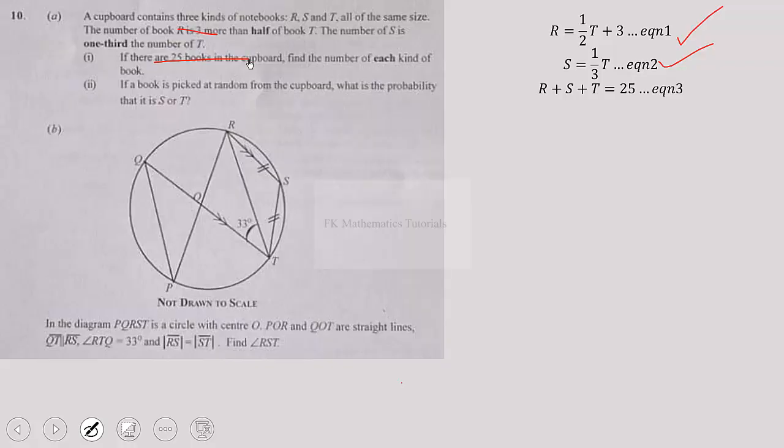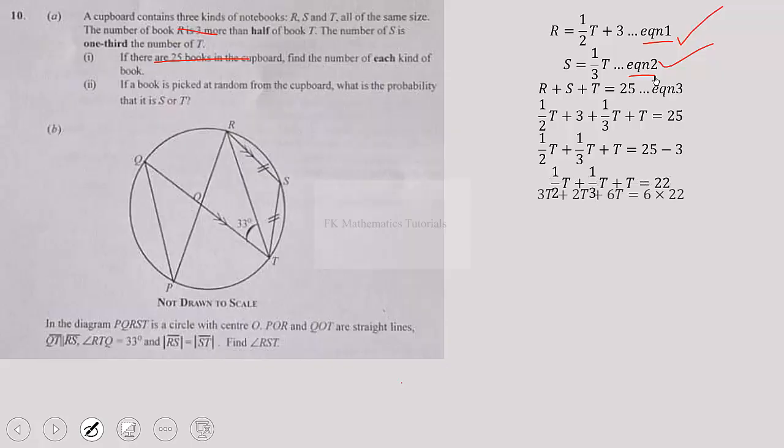So now we can put equation 1 and equation 2 inside of equation 3. And that will give us a linear equation that we can solve for t. And when we solve for t, we obtain t equal to 12. Now when t is 12, we can find the remaining number of books.